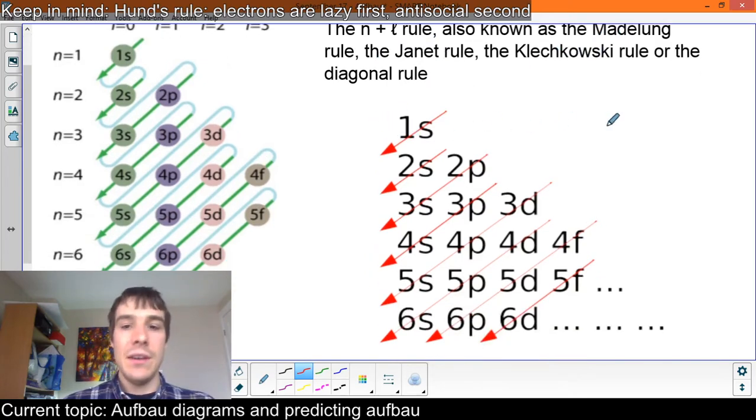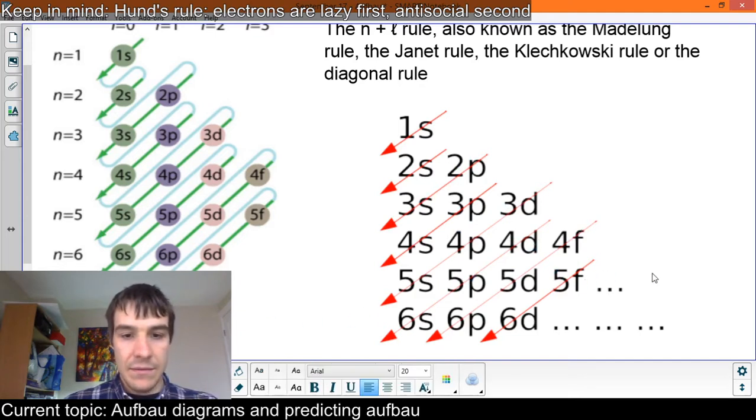You write out your orbitals like this: 1, 2, 3, 4, 5, 6, then 1s, 2s, and 2p, because that's the only possibilities, then 3s, 3p, and 3d, then 4s, 4p, 4d, 4f, 5s, 5p, 5d, 5f. There would be a 5g here, right? Well, we might as well put that in.